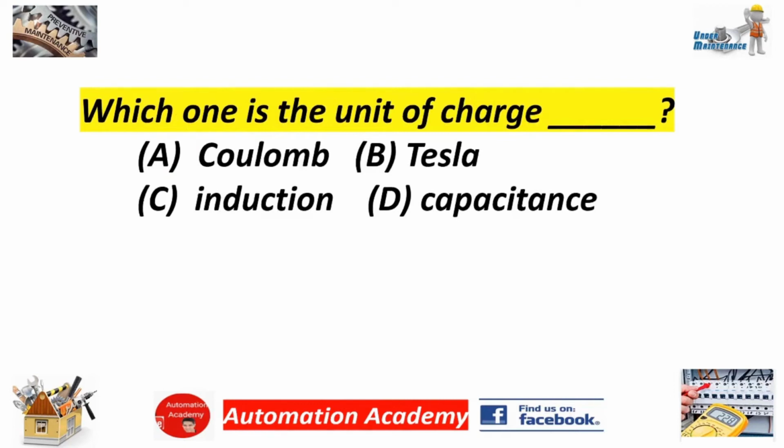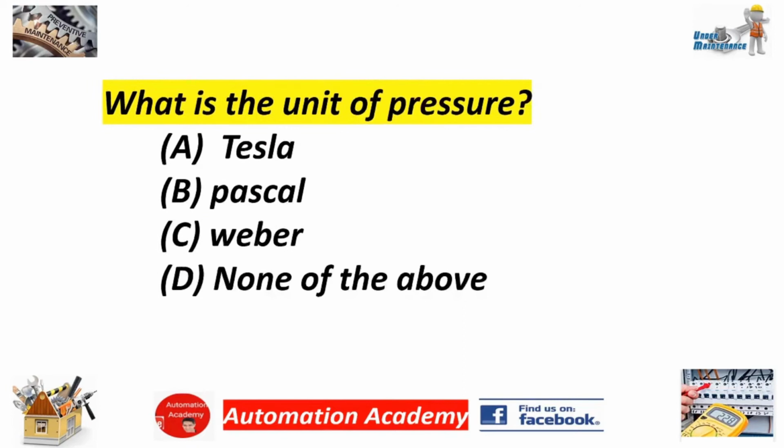What is the unit of charge? A. Coulomb. B. Tesla. C. Induction. D. Capacitance. Answer: coulomb. What is the unit of pressure? A. Tesla. B. Pascal. C. Weber.